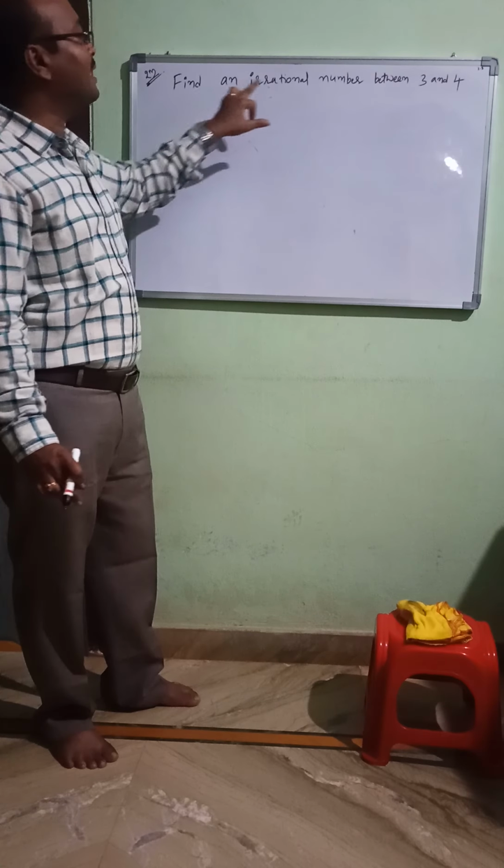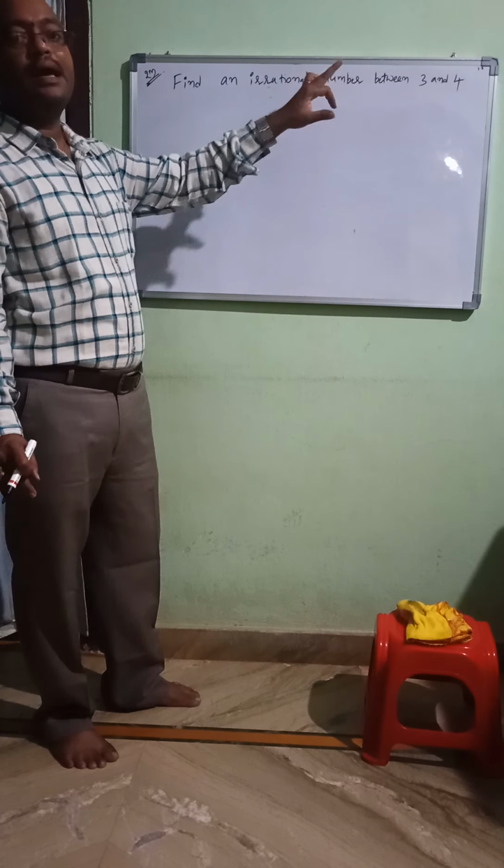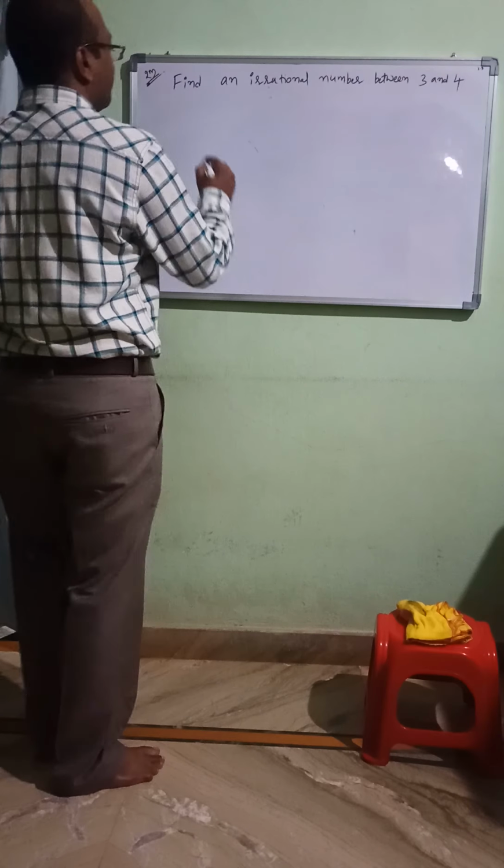First, I am taking an irrational number between 3 and 4. Look here.